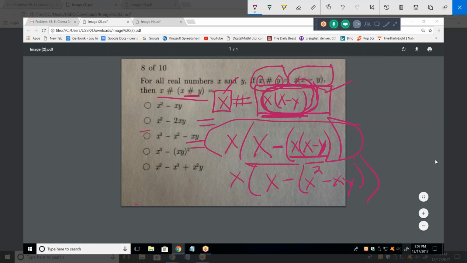Still going from the inside out, we have x times x squared minus xy, so x cubed minus x squared y. Keep distributing. There's our answer.